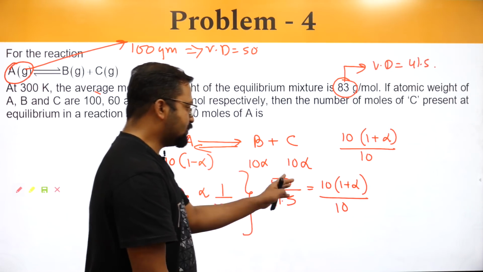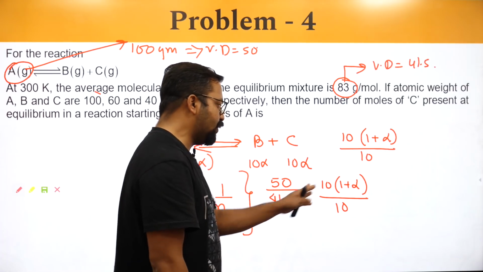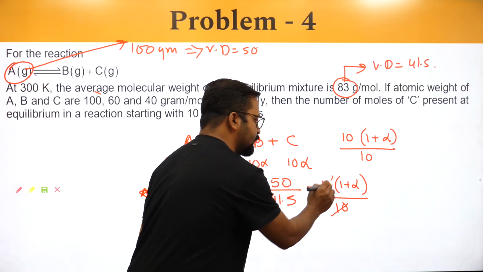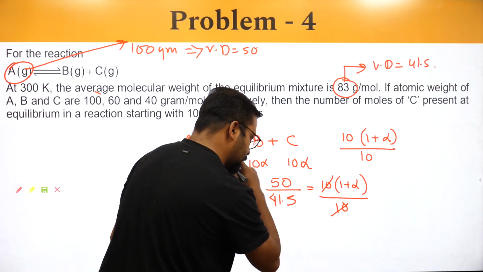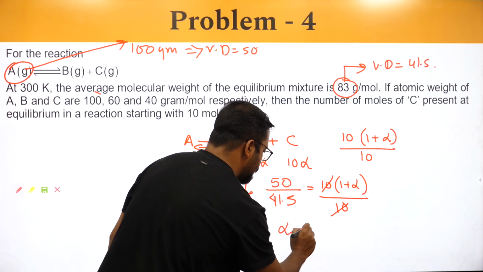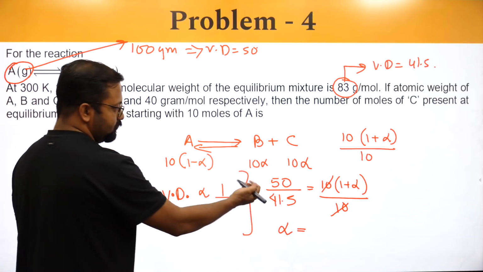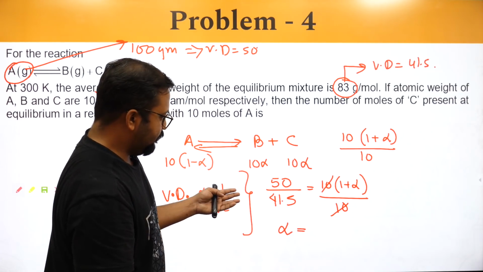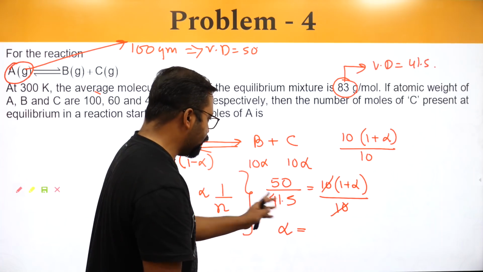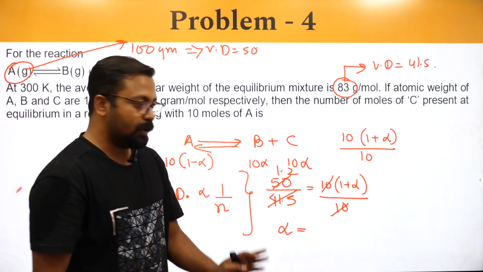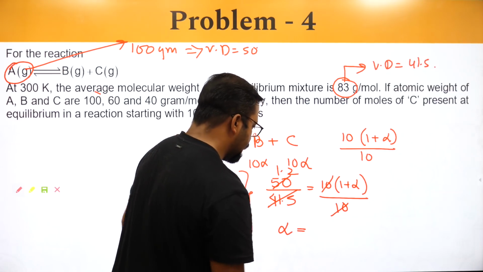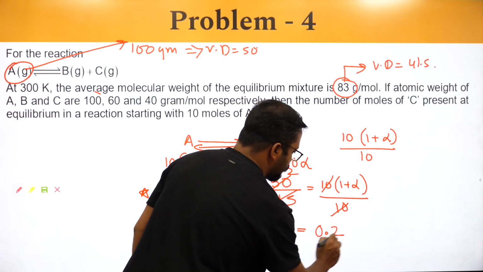So for 10 moles vapor density is 50, for 41.5 vapor density is this, 10 and 10 gets cancelled. I will get the value of alpha. If you calculate, this will be equal to 1.2. 50 by 41.5 is 1.2. You will get alpha as 0.2.